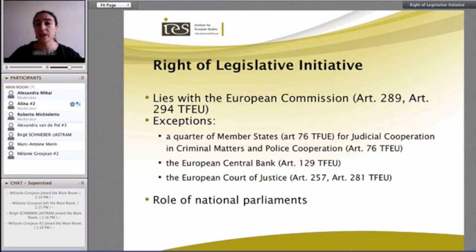For instance, if you take a look at the United States, there only 5% of the legislative proposals actually become laws, while in the European Union we have a rate of 95%. That means that 95% of the proposals of the European Commission actually end up as legal acts.